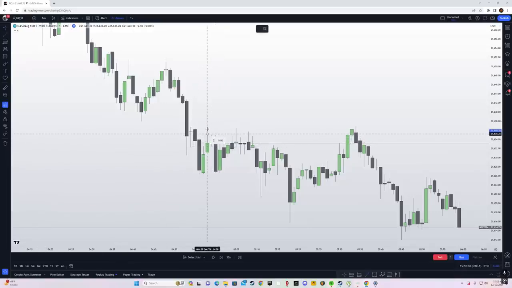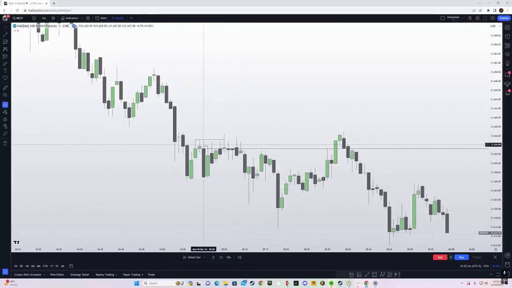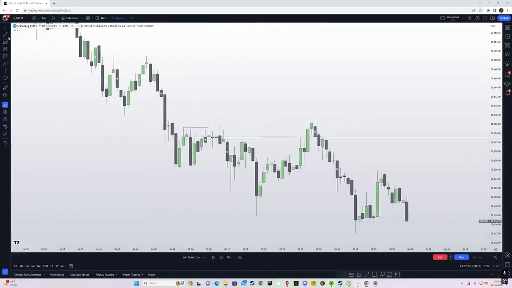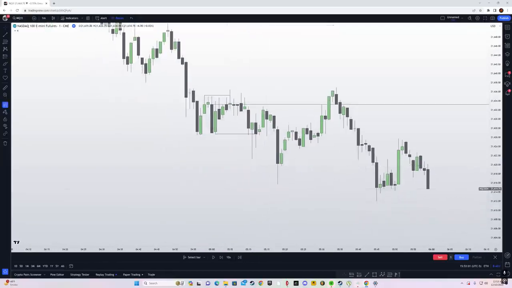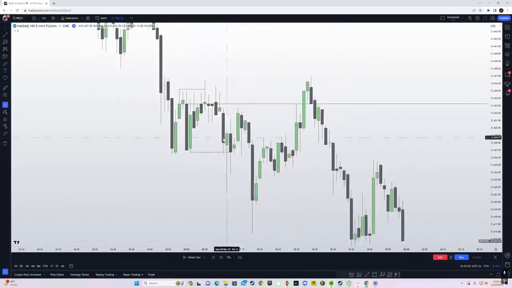We have this short-term high over here, and equal highs you could say as well. So since our bias is bearish, we have this purge right here. And as I said before, this is not one of the cleanest examples, but right here, you can see we have a market structure shift right here. Since we are on the 1 minute, wicks are enough. We do not need a body closure.